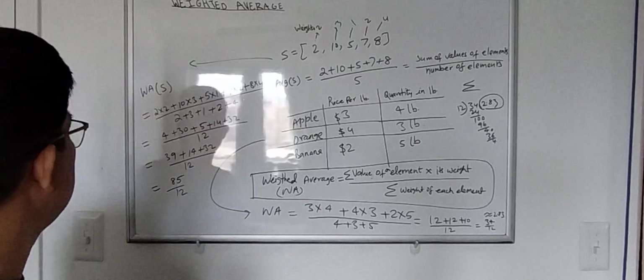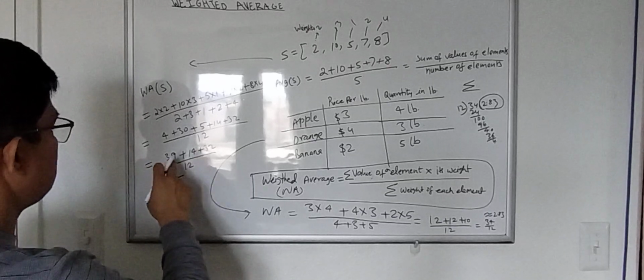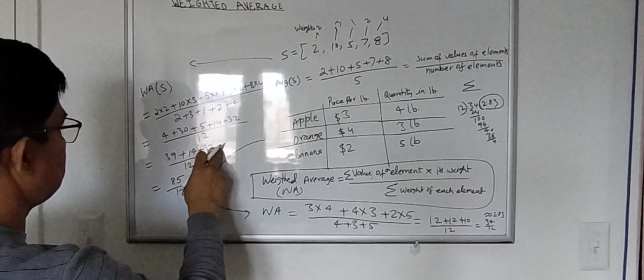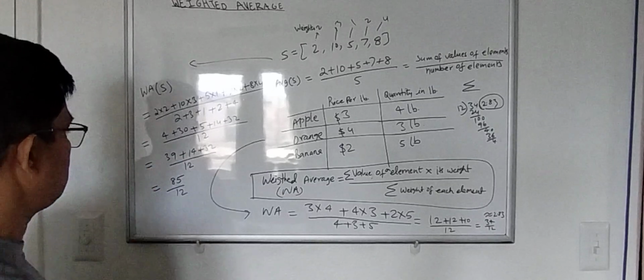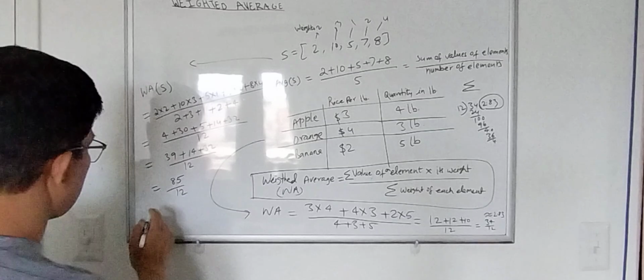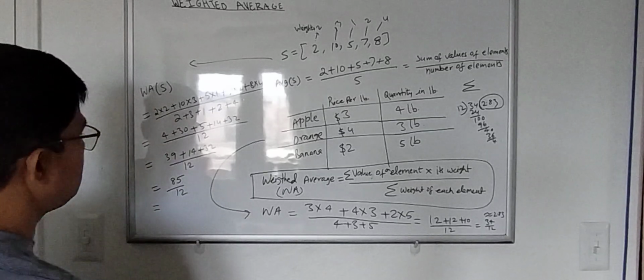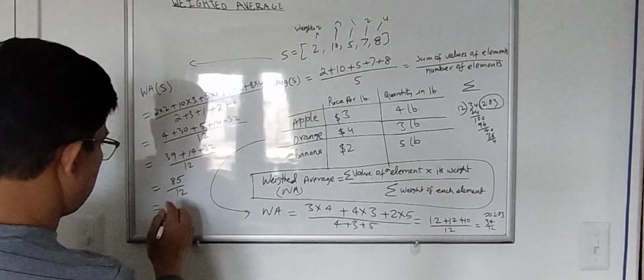It is correct. 39. Okay. Look at the board. There's no mistake in the sum or the multiplication. Everything looks correct to you.